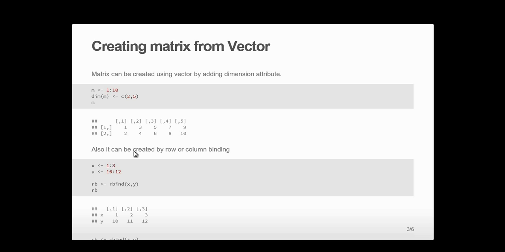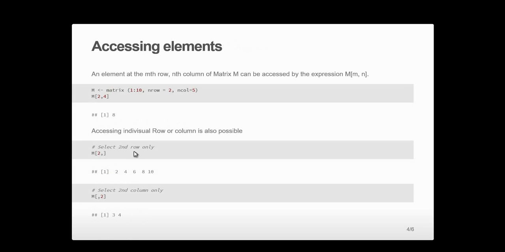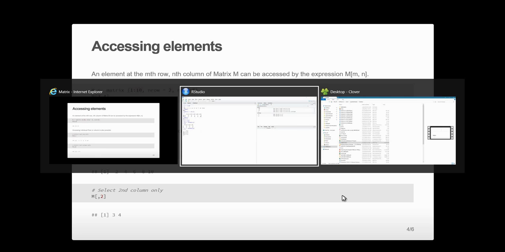Jumping to the next topic, accessing the elements from the matrix. It is the same as how we did it with vectors, but a vector was single dimension. It doesn't have any rows or columns, so we were just passing one value. Now in this case we have two values: you pass a row, and then a column.